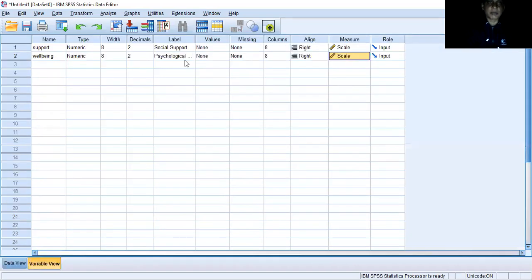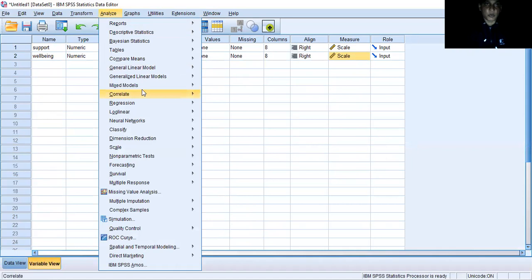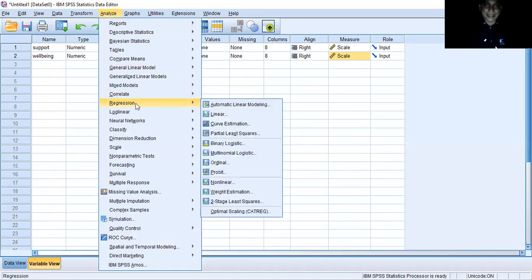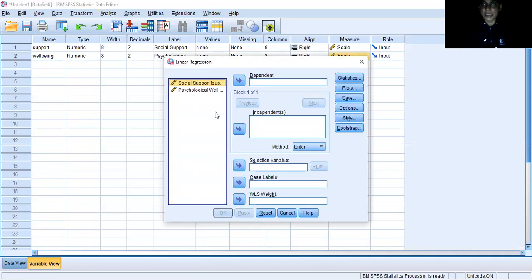So coming back and now talking about the analysis part. I'm going for Analyze, then Regression, Linear Regression. Click on that and this emerges. Social support happens to be the independent variable. The psychological well-being is the dependent variable.